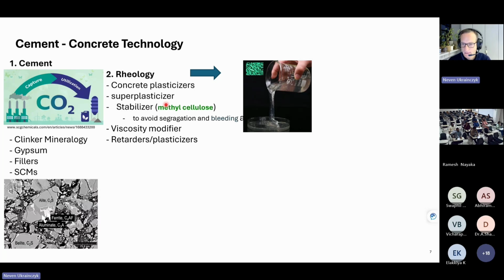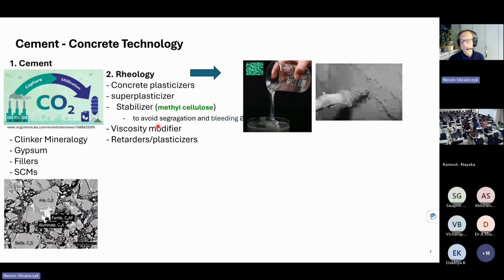These are methyl cellulose, stabilizers that we want to use to avoid bleeding, because if you make concrete too flowable with plasticizers, you get segregation, since aggregates, water and cement have large differences in density. So we need a stabilizer. Otherwise they would segregate, meaning the water would be on top and the aggregates on the bottom.